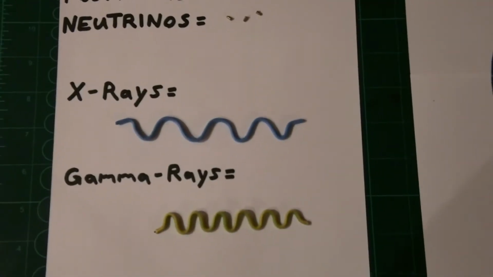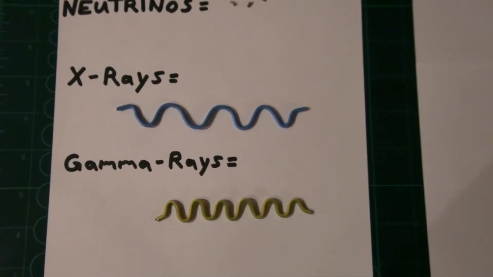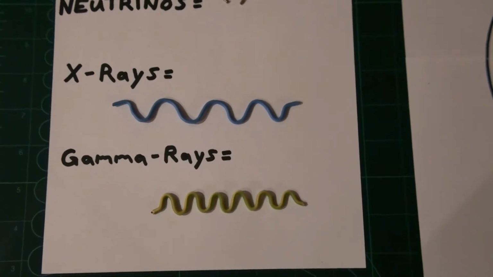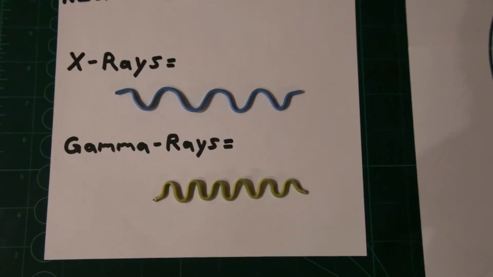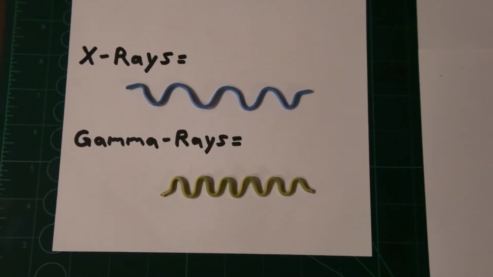Also, X-rays, we have them over here. They are a weaker kind of gamma rays. There is a difference, but in general, very simplified, they're also photons, so they're also light. I will put these two in the same category, more or less, just for simplification.